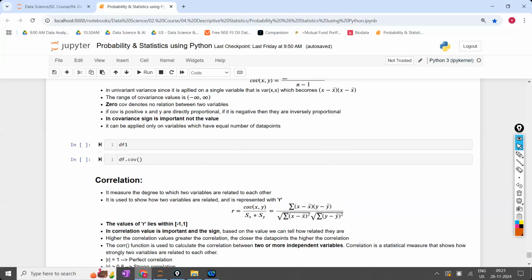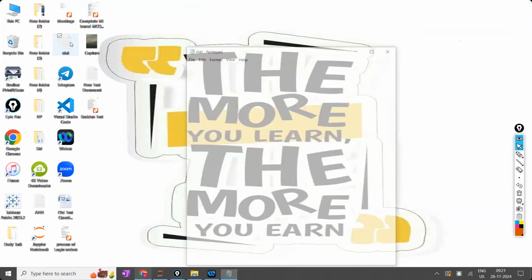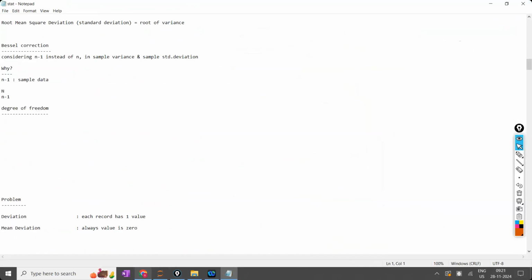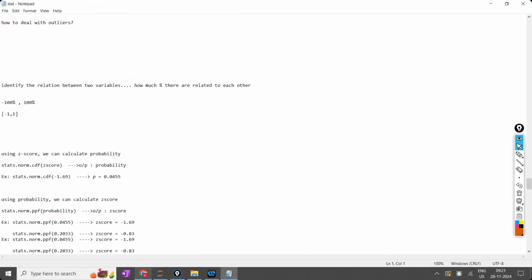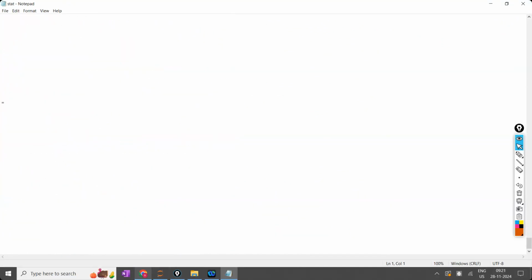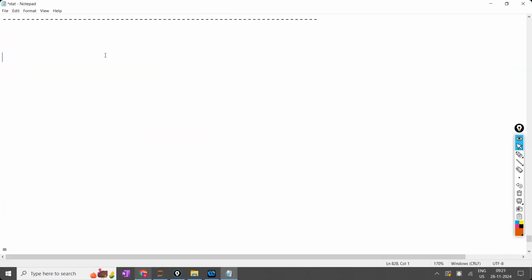Now we have different types of measures. The first one is called univariate measures, the second is bivariate, and the next one is multivariate. What is meant by univariate measures?